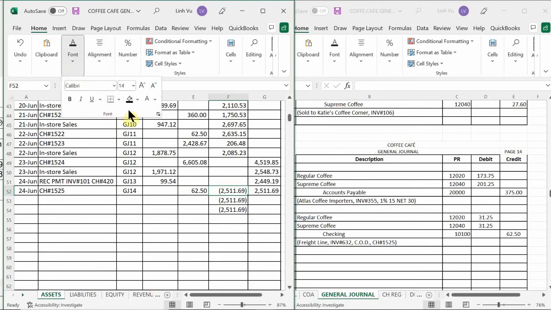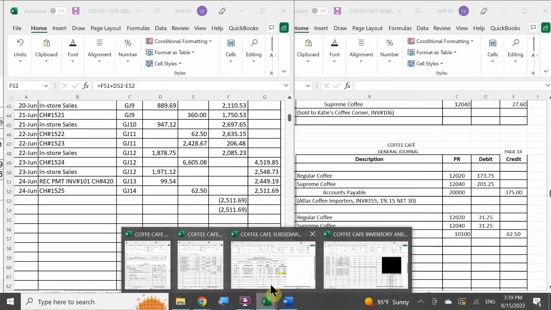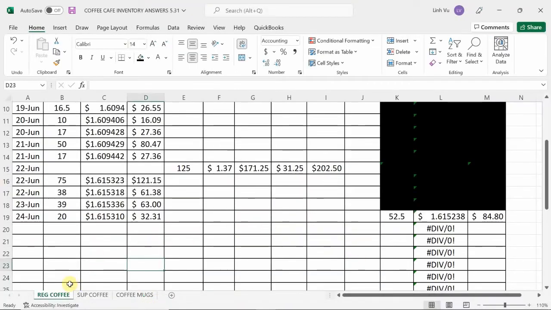Okay. And that's got all of the general ledger ones done. And then we need to go to inventory. Regular coffee.